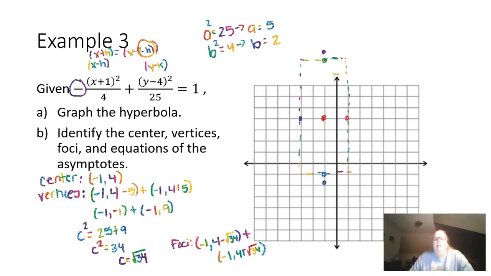Then we can sketch the asymptotes in there. Remember, these are just the diagonals, and they're going to look kind of like this. And this one's going to come down here.